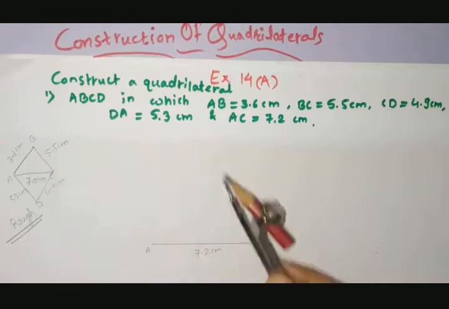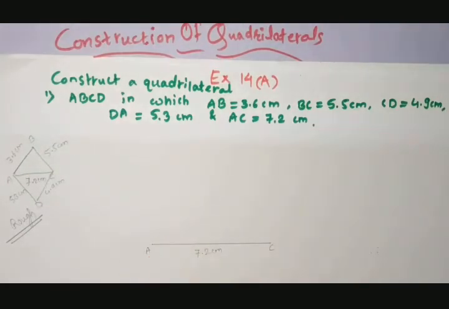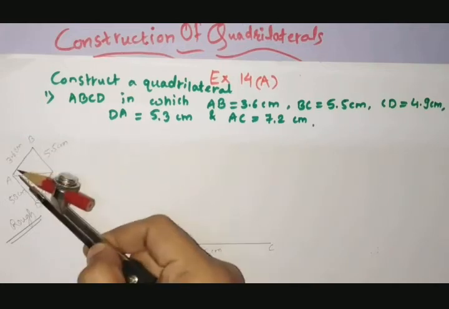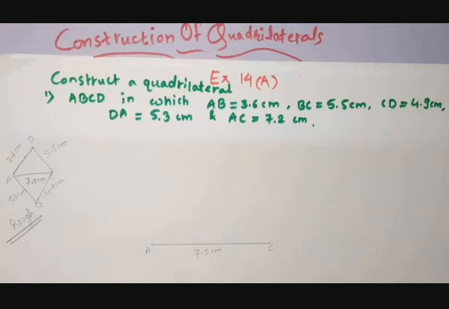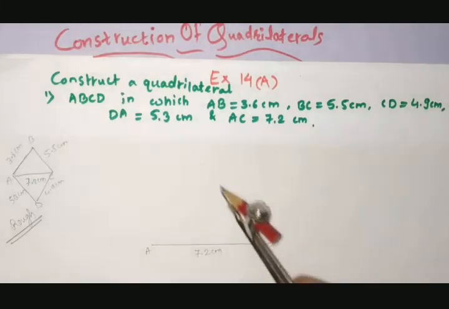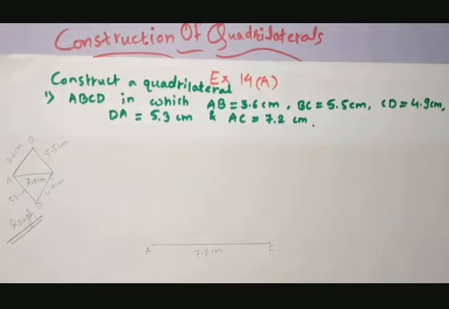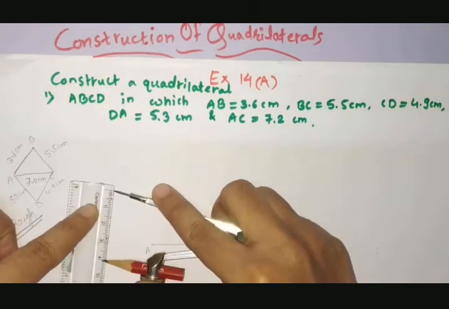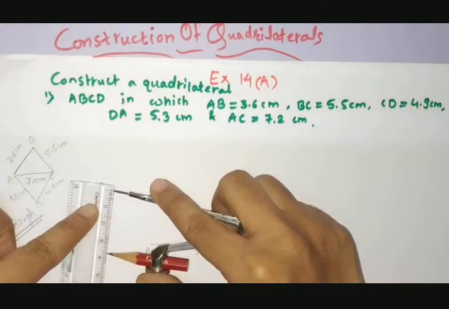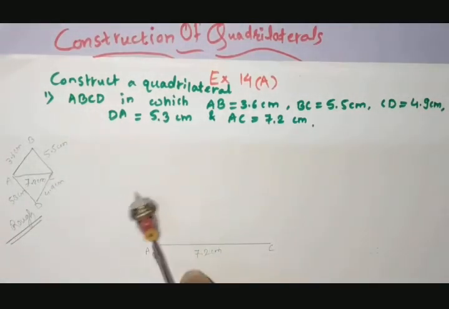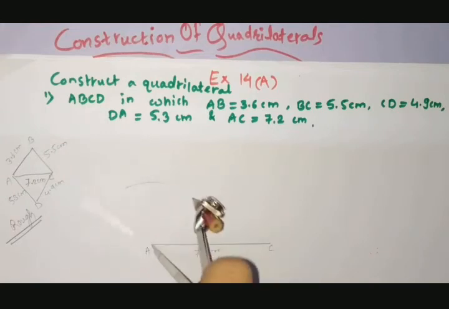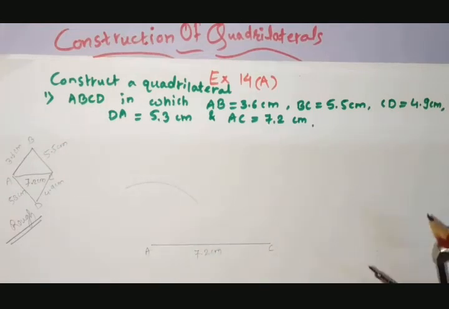So with A as a center, I am going to draw an arc of 3.6 centimeter on this side of AC. I measure 3.6 with the compass, and by taking A as a center I draw the arc on this side. I have drawn this arc.